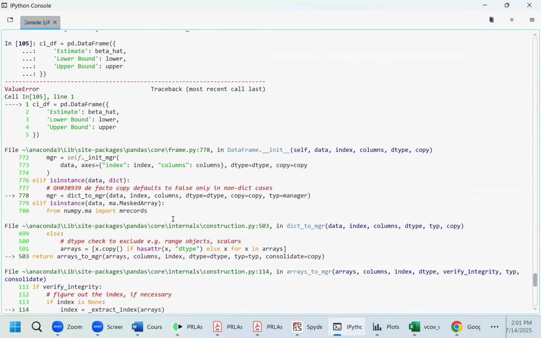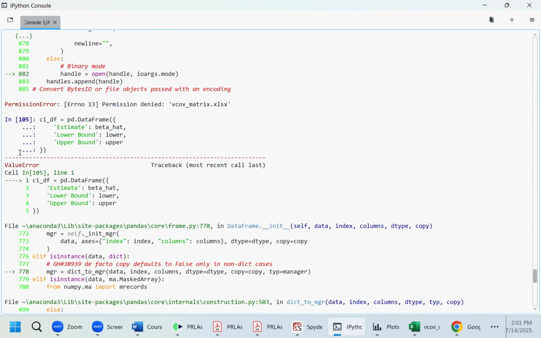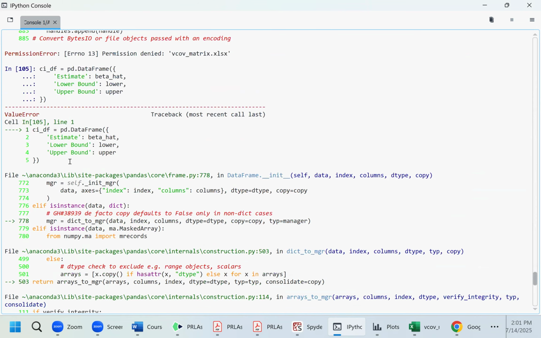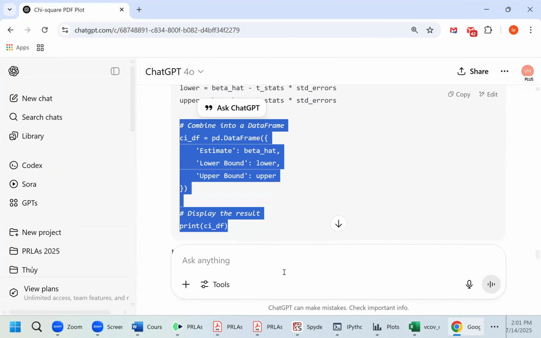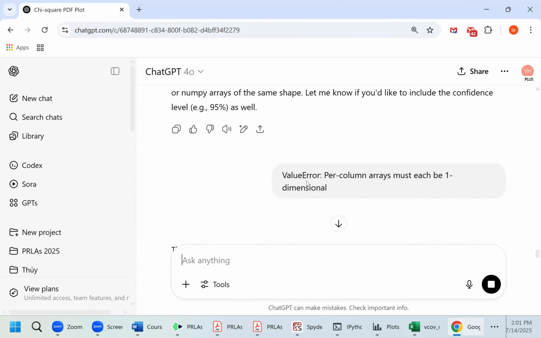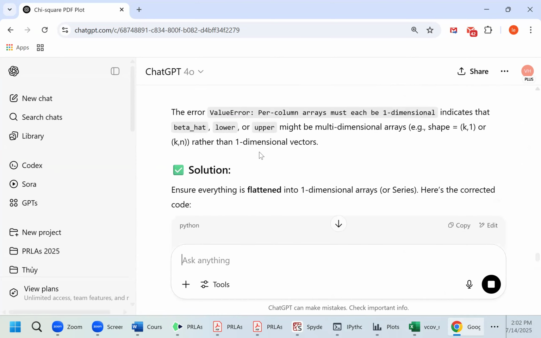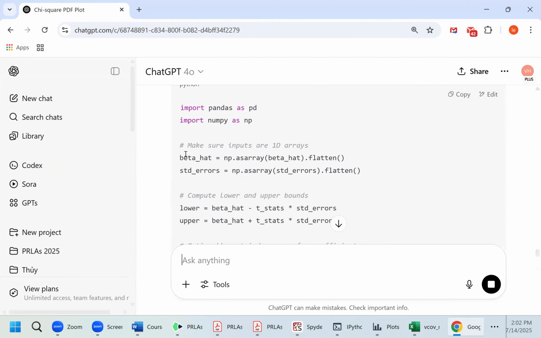I see. There is a problem. One dimension. So we have to flatten it first, right? So if we face this problem, normally I would continue to copy it and put it here. It won't be fixed, right? We have to flatten it. So this is what will be done, right?